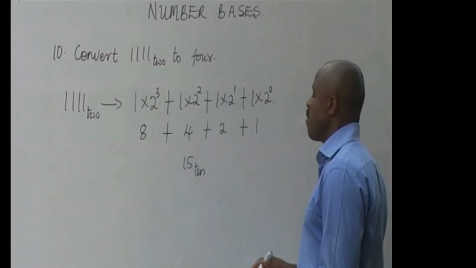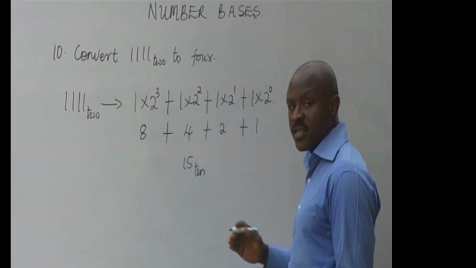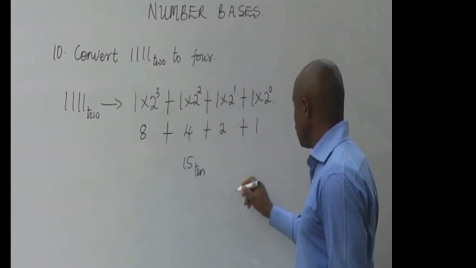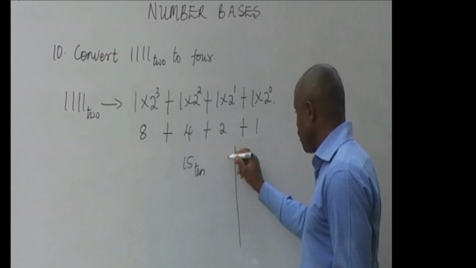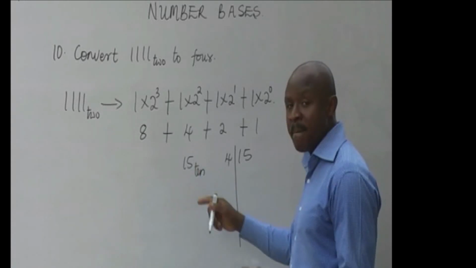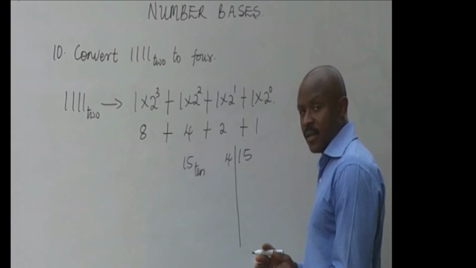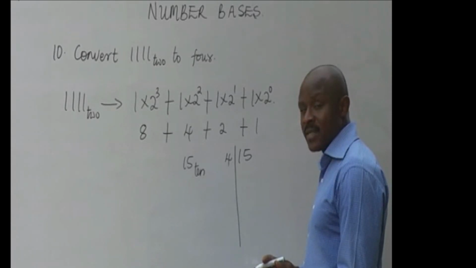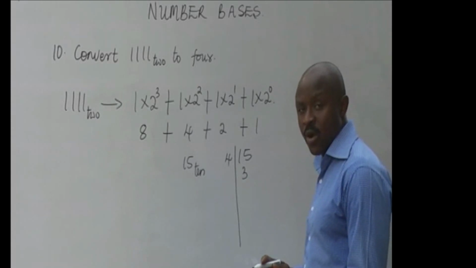Now we are to convert 15 back to base 4 by progressively dividing by 4. So we're going to have 15 and divide it progressively by 4, because we want to convert 15 in base 10 to base 4. 4 divides 15. There are 3 fours inside 15, and those 3 pieces of 4 make 12.